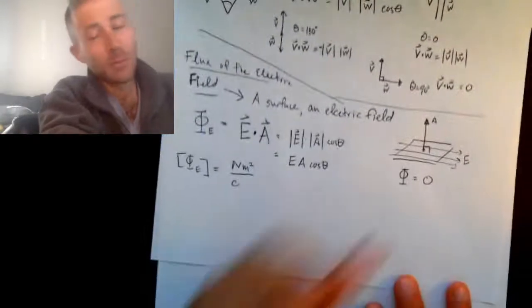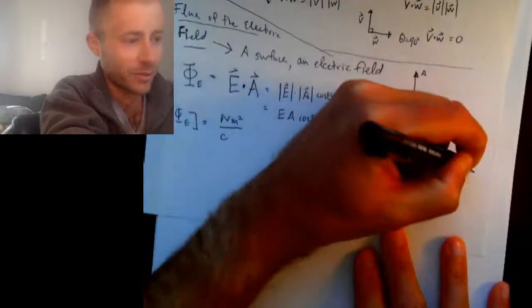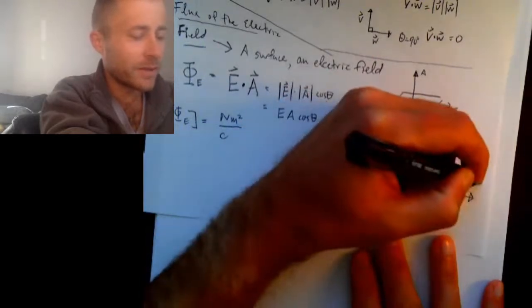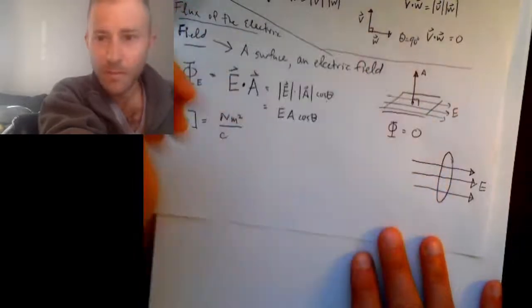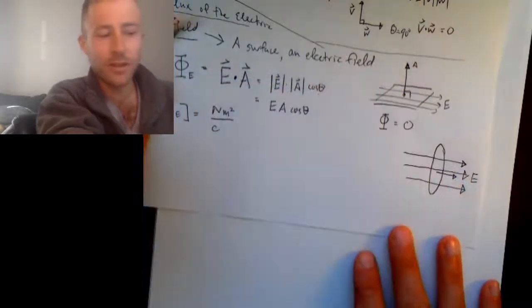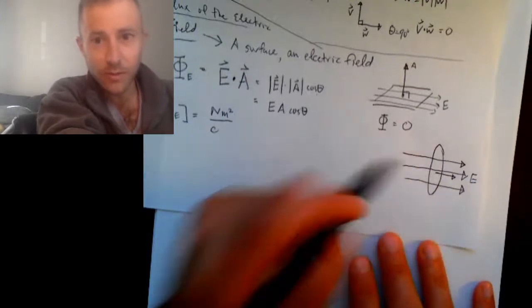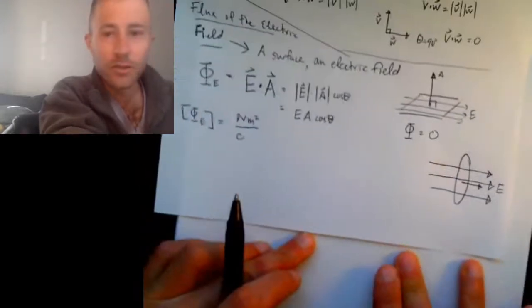But if we took the same electric field and we instead passed it through that circular surface, one that was like this, this one had an area vector that was going in that direction, and so here the angle between the area vector and the electric field is 0.